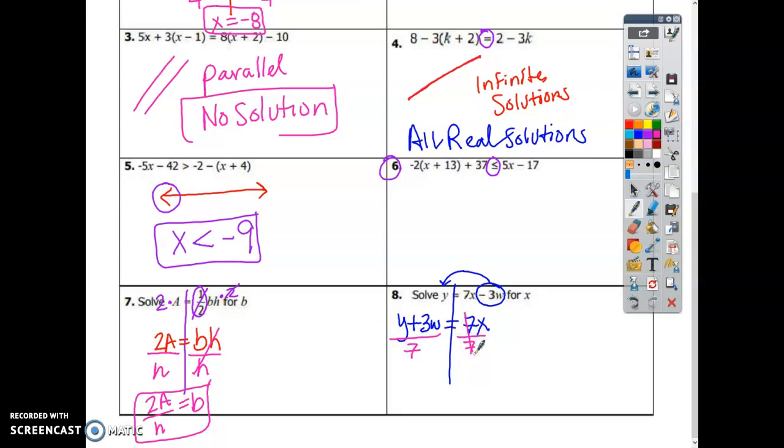You could leave it like that. That's probably one of your answers. Or you can go ahead and reduce it even more. This is a 1. So 1 divided by 7 is 1 over 7y. And 3 divided by 7 is 3 over 7w. So also look for that answer. You can either have this one as one of the answers or you can have this as one of the answers. So make sure you look for both.